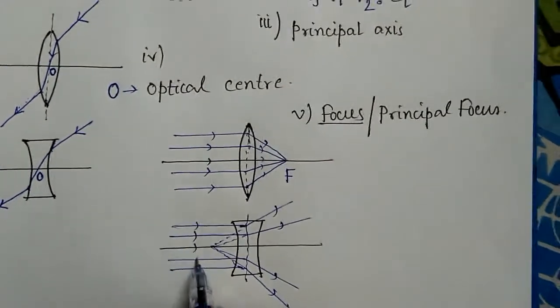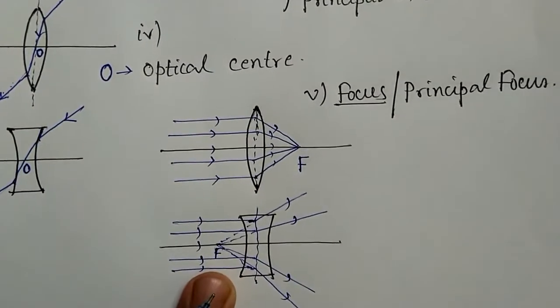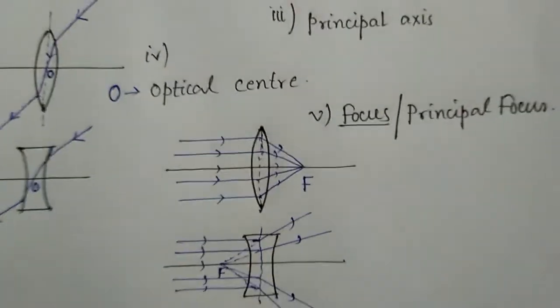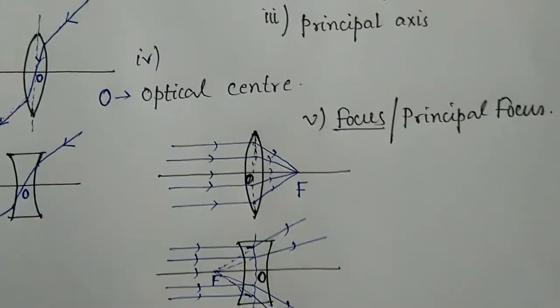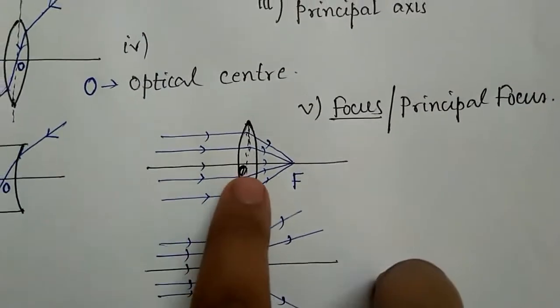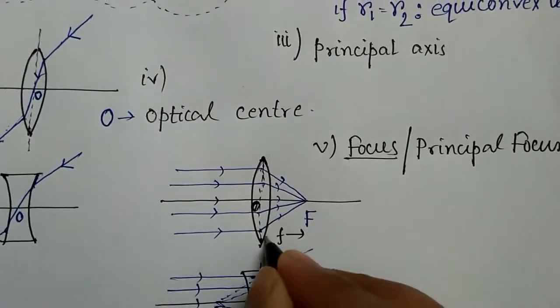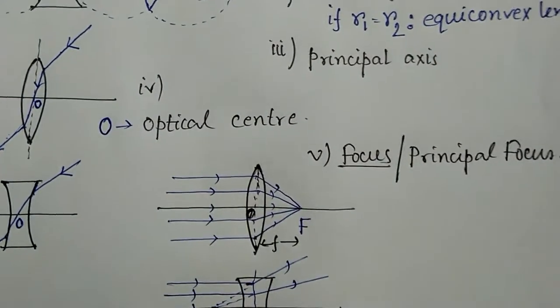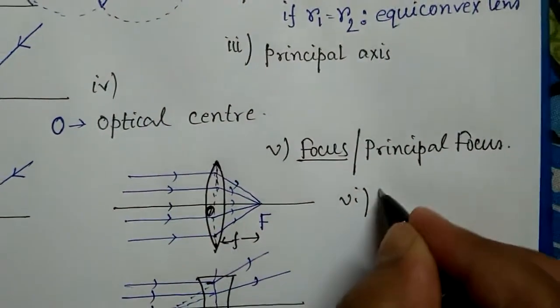This point is known as the principal focus F, and this is the optical center O. The distance between optical center and focus is known as the focal length.